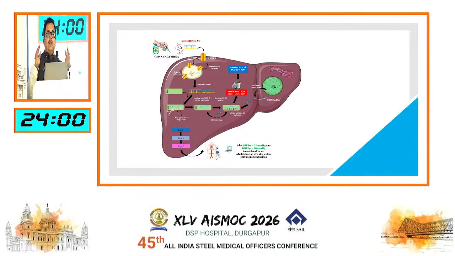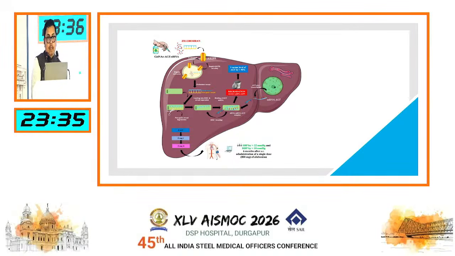Zilebesiran is a combination of 2 strands of complementary RNA, labeled with galactosamine and acetylgalactosamine, that are taken up specifically by hepatocytes. Inside the hepatocytes, they are modified and inhibit the synthesis of angiotensinogen.